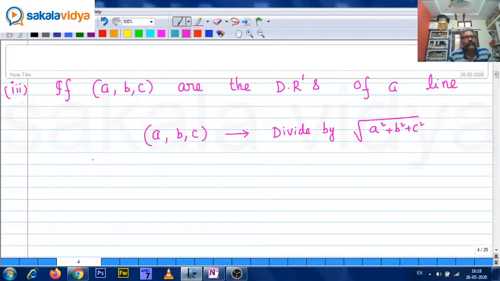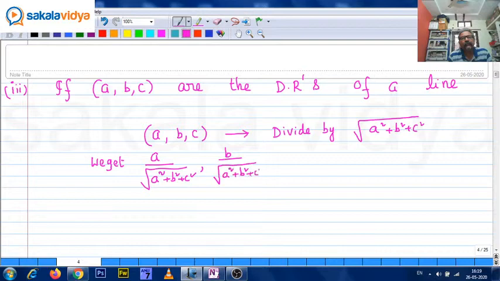So we get A by root of A square plus B square plus C square, and B by root of A square plus B square plus C square, and C by root of A square plus B square plus C square.